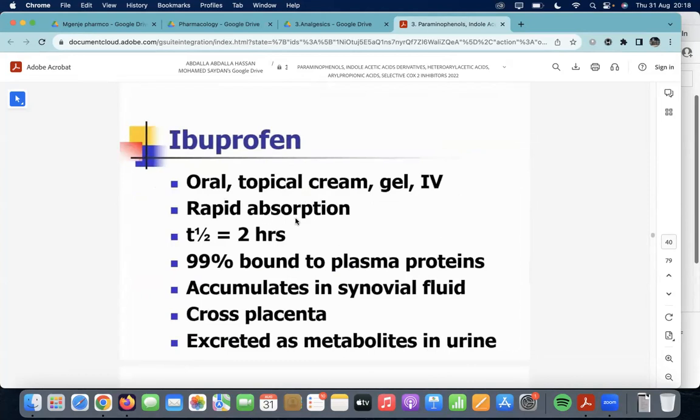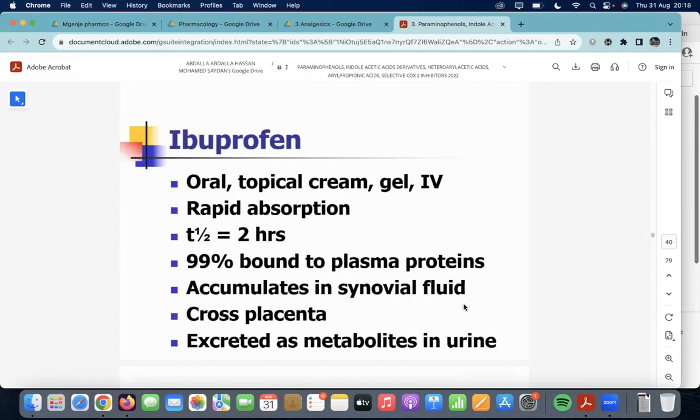It has rapid absorption and the half-life is 2 hours. It's 99% bound to plasma proteins, meaning little of the drug is absorbed into the tissues, because most of it is bound to the transport proteins instead of diffusing into the tissue. So there's need to give a high dose so that the effect of the drug is realized on the patient.